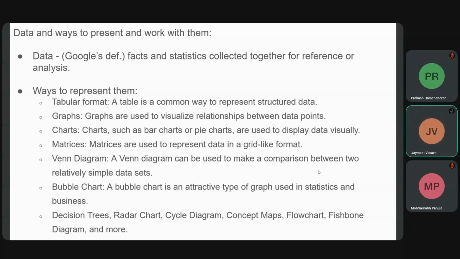Then bubble charts, which make a graph attractive for use in statistics and business. Then comes the decision tree, radar charts, cycle diagram, concept maps, flow chart, fishbone diagram, and more. So there can be different ways to represent the data.